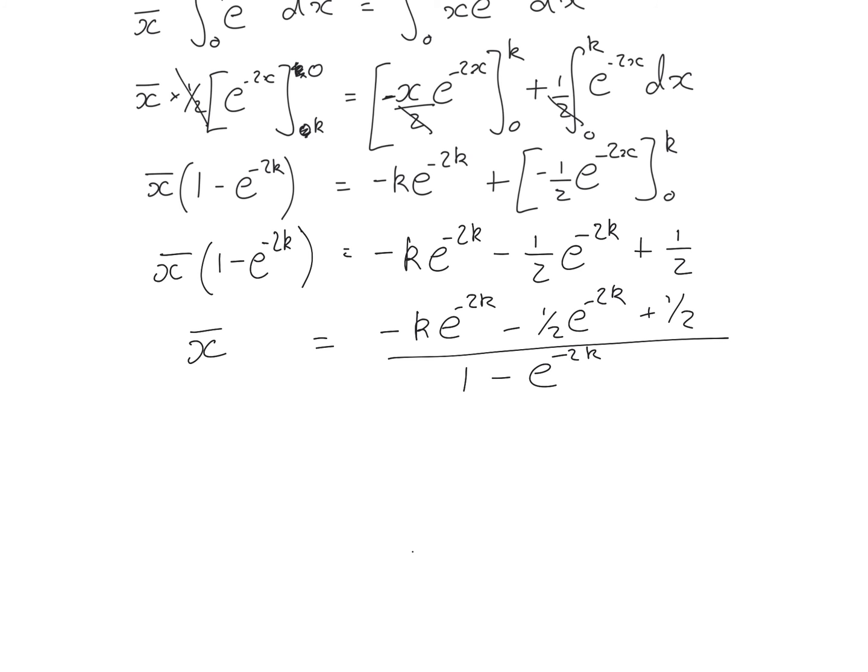Well, it suggests that I want e to the 2k, so I'm going to multiply everything, top and bottom, by e to the 2k. So that becomes minus k, that becomes minus a half, that becomes plus a half e to the 2k over e to the 2k minus 1.